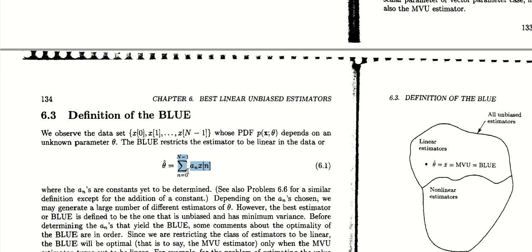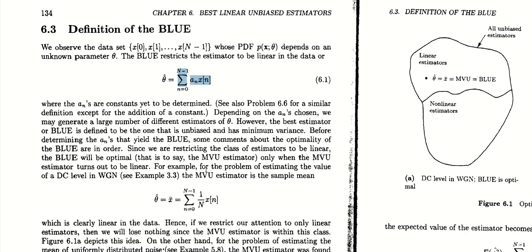This is the only thing you can do for linearity. If you do more than this, you're going out of linearity. For example, if you take the square of the data, it's not linear. If you multiply the first data with the second data, it's nonlinear. If you take the trigonometric function of the data, it's nonlinear. The only thing you can do is multiply with a coefficient and then take the summation. That is the definition of linearity.